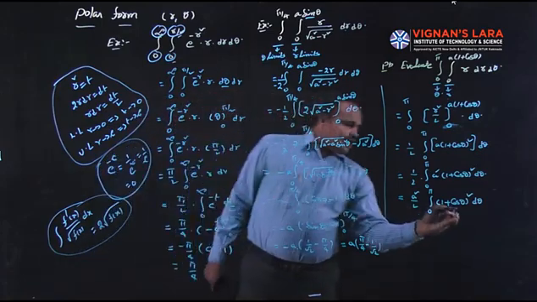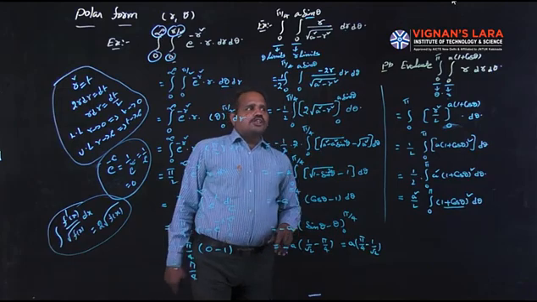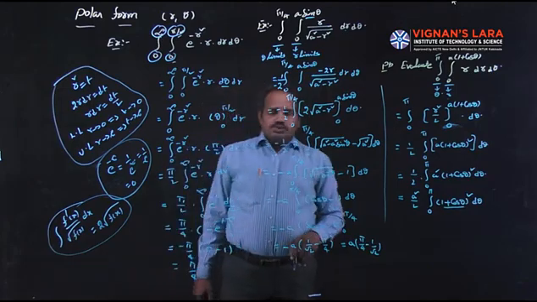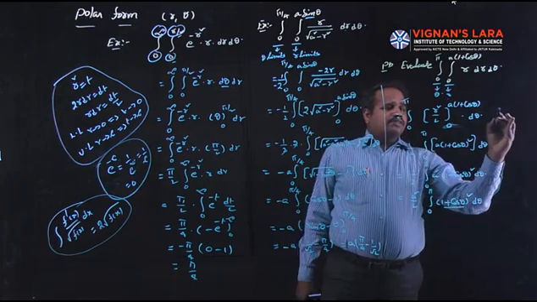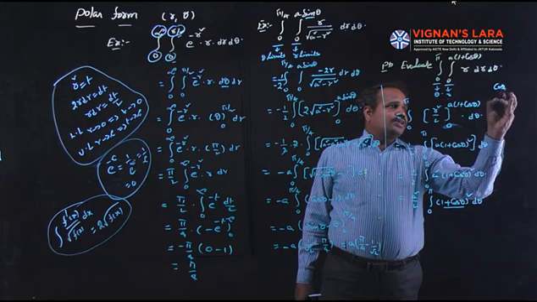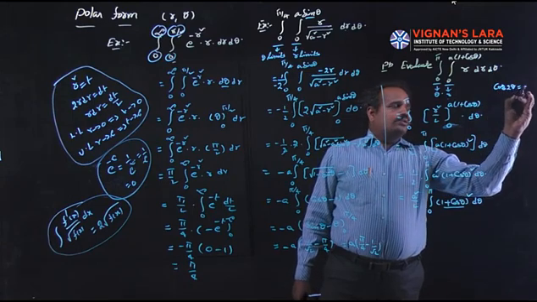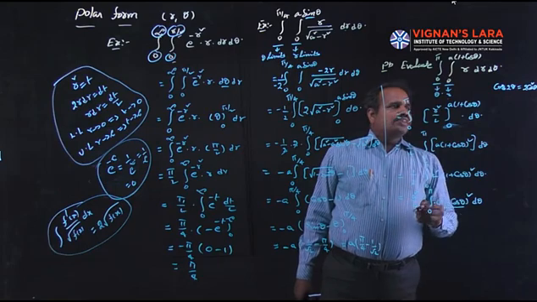So if you are taking 1 plus cos theta, we know the formula of cos 2 theta. What is the formula of cos 2 theta? So here I am writing cos 2 theta formula. So cos 2 theta is equal to 2 cos square theta minus 1. You know this formula.